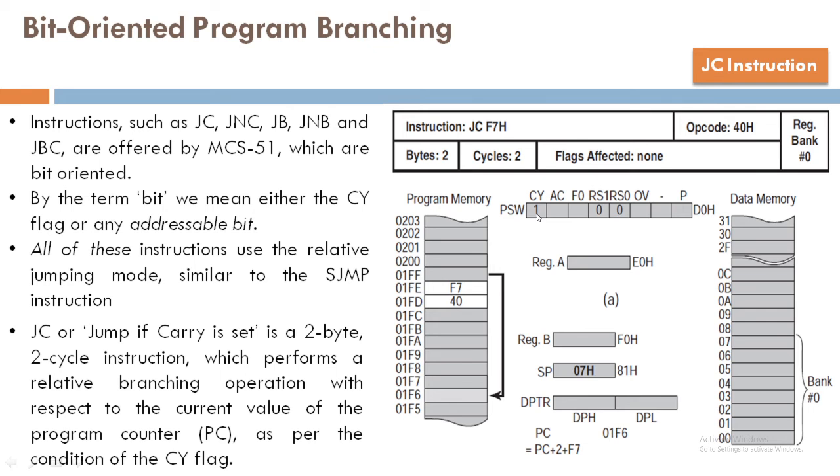If the carry flag is 1, that is if it is set, only then is this condition true, and hence it has to jump to the location which is the relative address, calculated from the next location, that is 01FF. The lower half of it will get added with 57, and the address that we get is the location it will jump to. So after doing that, it jumps to this particular location.